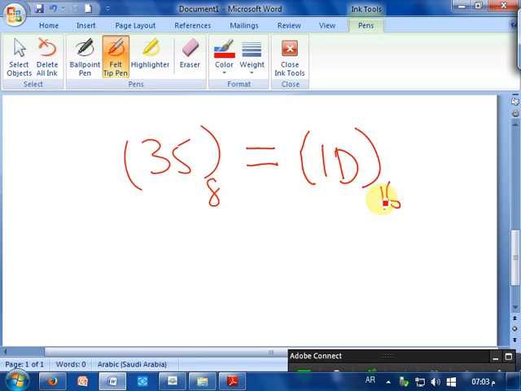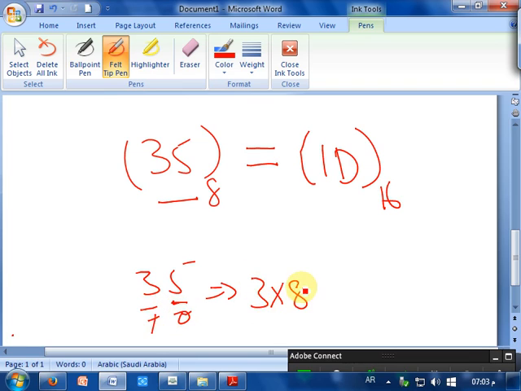How to check: there are two ways. First, you can convert the 35 into decimal. To convert, you write the powers of 8: 1, 0.